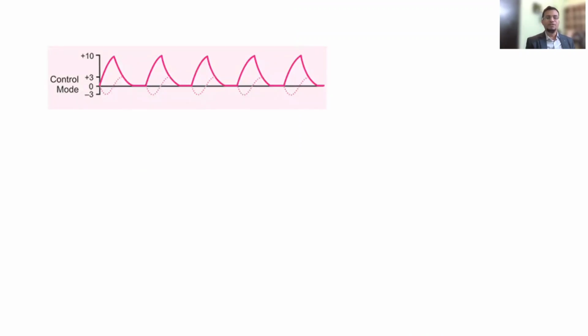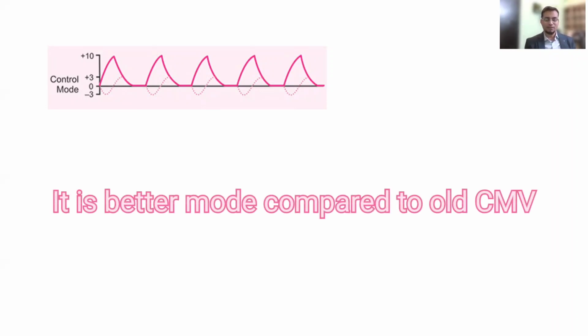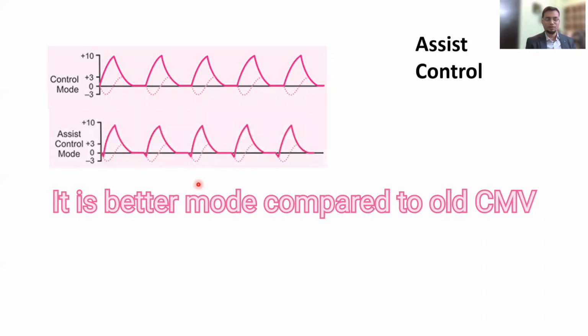We know that CMV is not a good mode. It is purely a mandatory mode because it does not take patient effort to trigger the mechanical breath, because it is time triggered. Scientists have devised a better mode, which is the standard of care nowadays. It is available in almost all ventilator models and brands, and all are using it. This is the assist control mode, where there is a patient trigger.